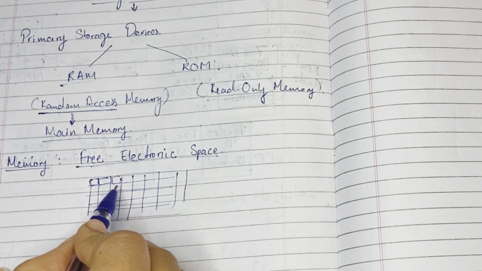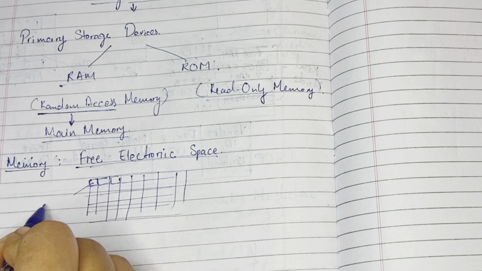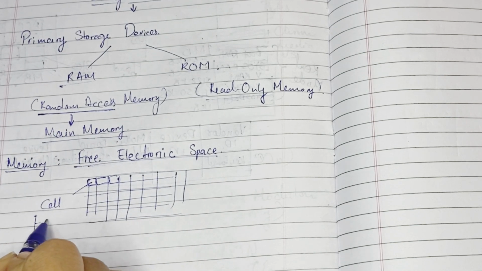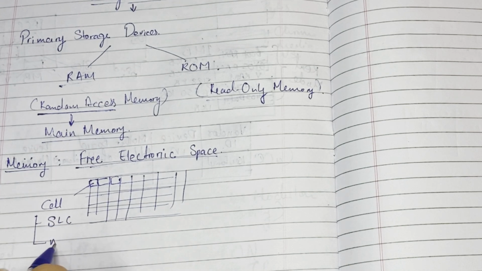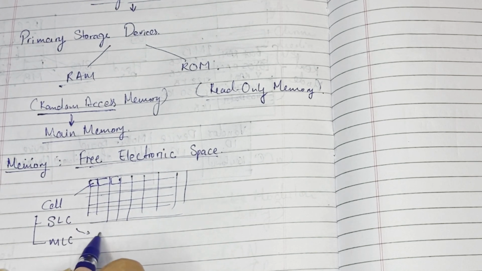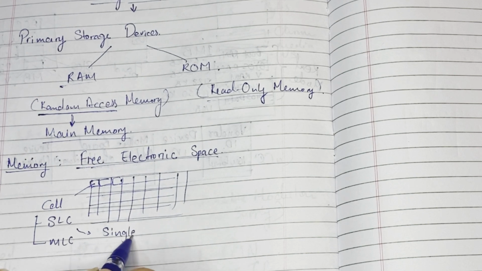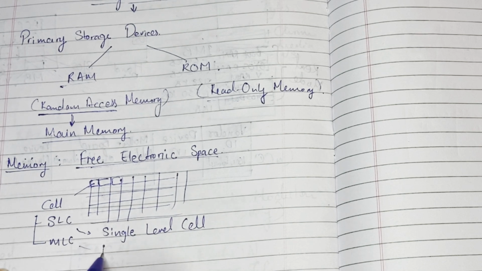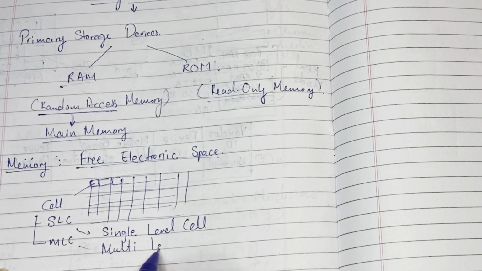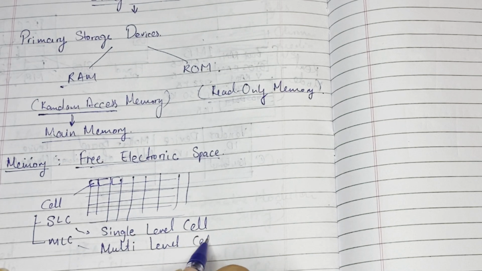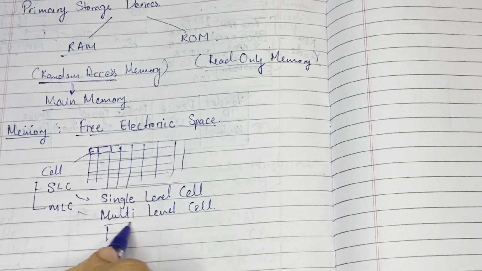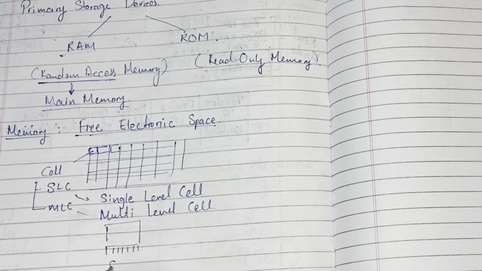There are different types of cells. There are two types of cells basically, SLC and MLC. SLC stands for single level cell and MLC stands for multi-level cell. A single level cell will store 8 bits of data.